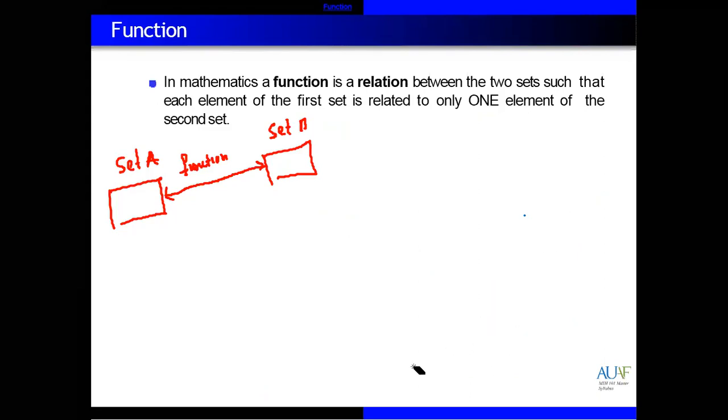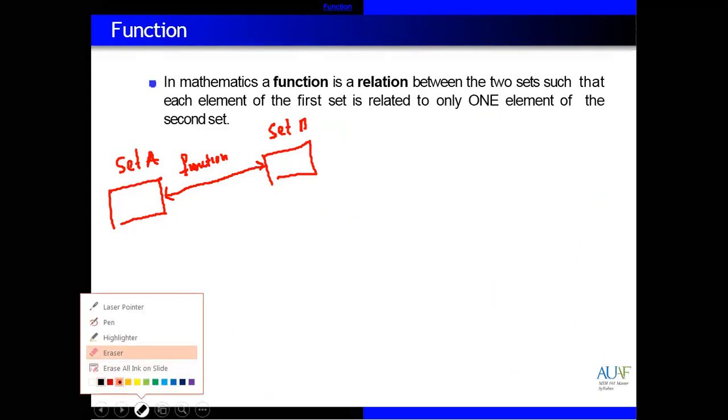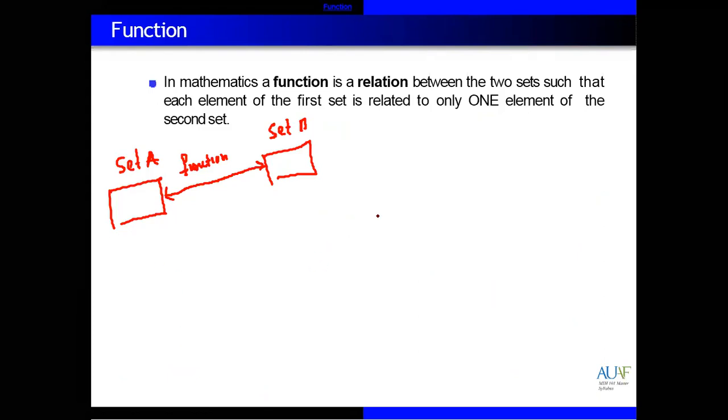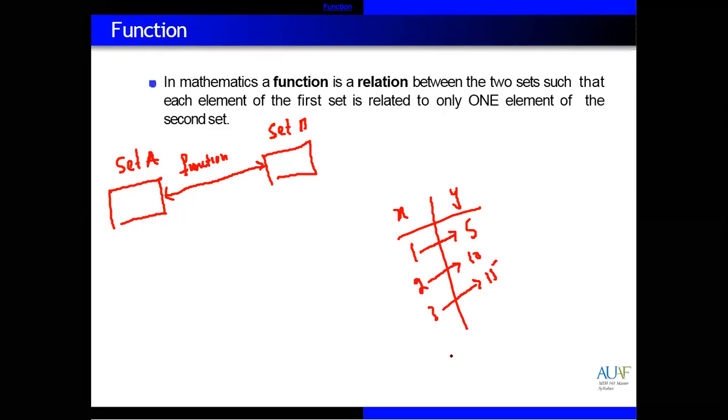Like if we have two variables x and y, usually we represent the dependent variable by y. So for example, if we have x and y, you give x one value, and it will produce another value for y. 1 equals, let's suppose, 5, 2 equals 10, 3 equals 15, 4 equals 20, 5 equals 25.